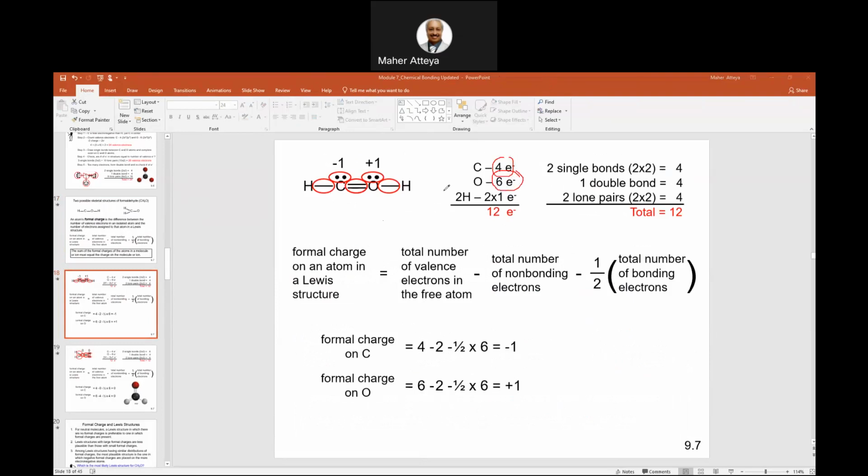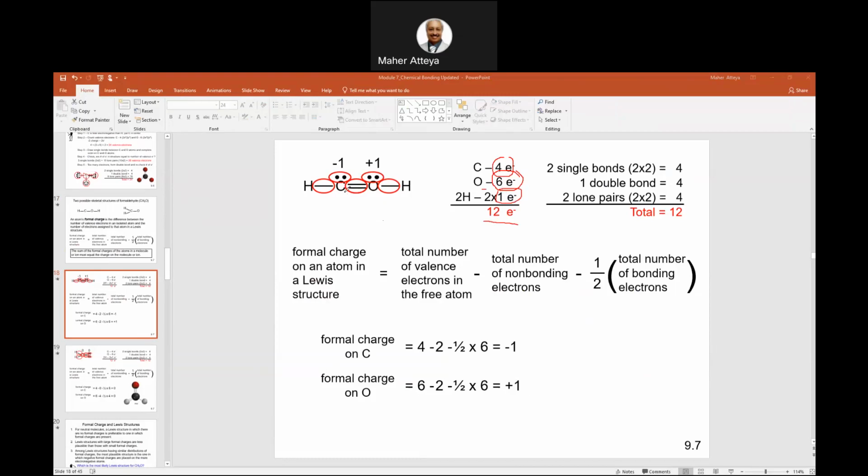Hydrogen is 1, but because we have 2 here, just to determine the total is 12 electrons, correct? So what's the formal charge that will appear on oxygen and the carbon or hydrogen? We can calculate any atom we want.